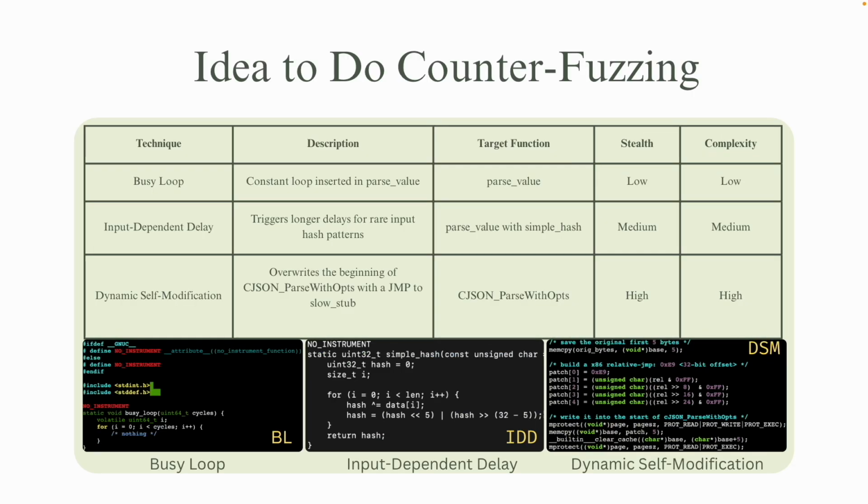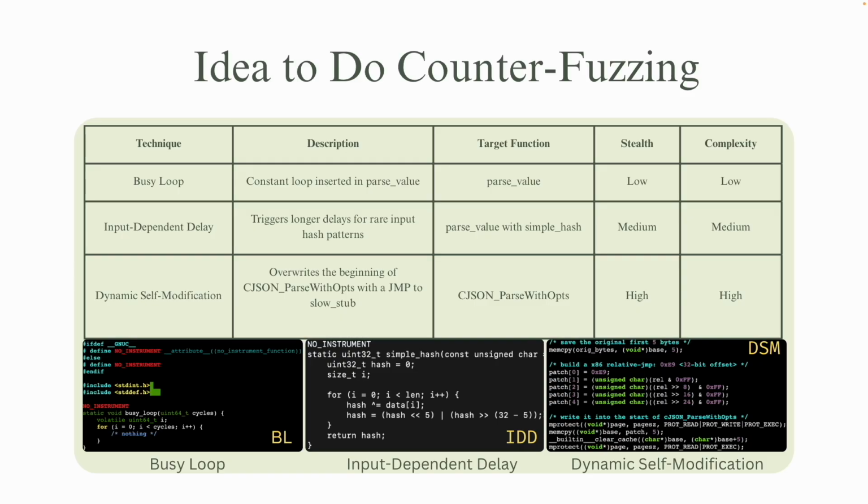I'll introduce 3 counterfuzzing techniques that we used in our experiment to slow down coverage-guided fuzzers and make their analysis less efficient. These techniques are busy loop, input-dependent delay, and dynamic self-modification. The busy loop method involves adding a constant, time-consuming loop at critical points in the code.